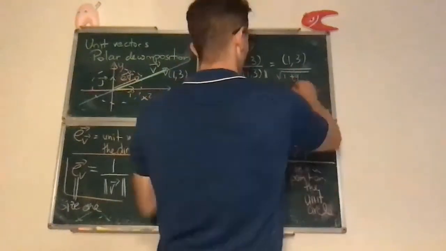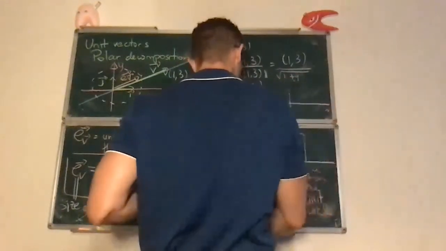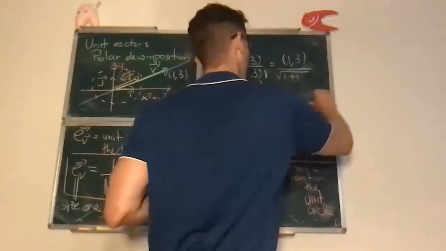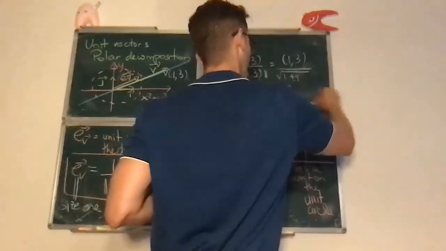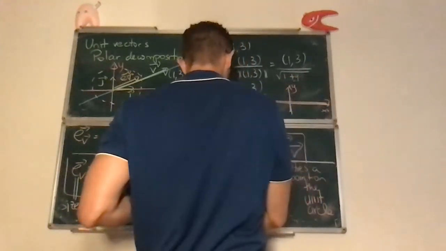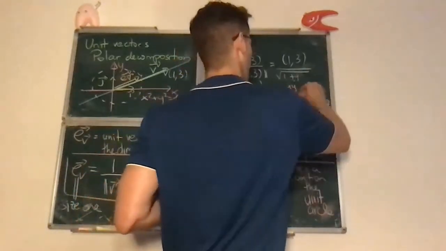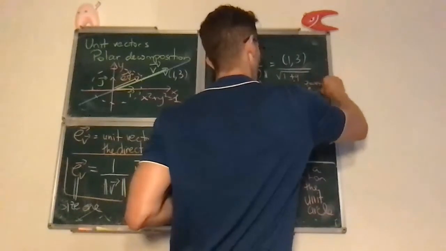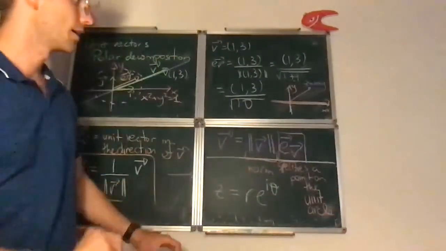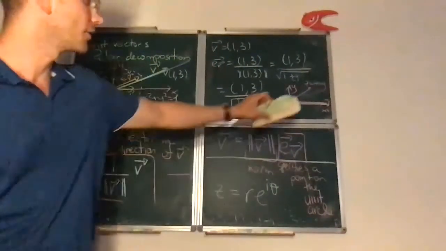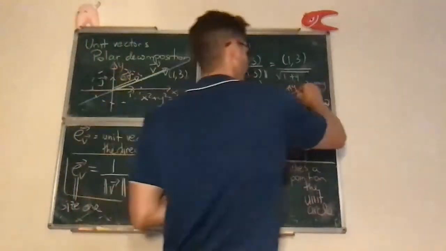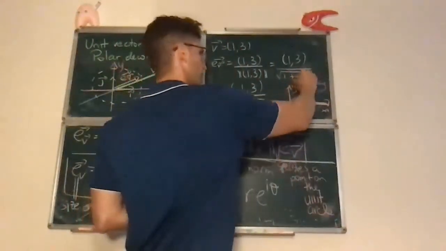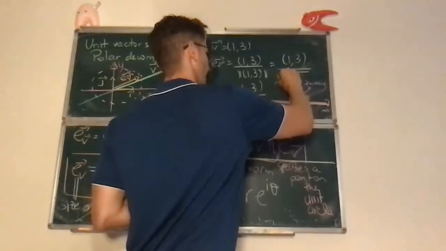If you have complex numbers, you have this point z, which is x plus iy. And one way in which you could rewrite this is, if this was an angle theta, as z equals r e to the i theta.